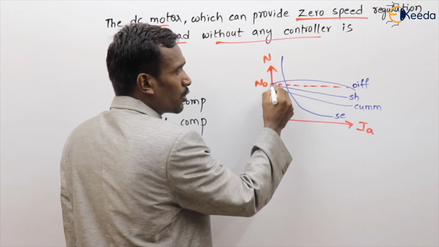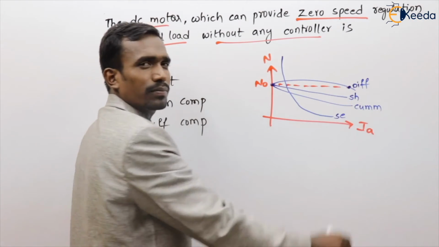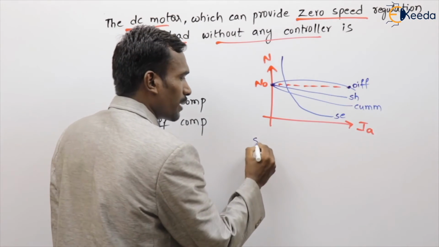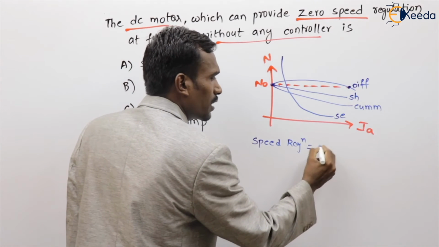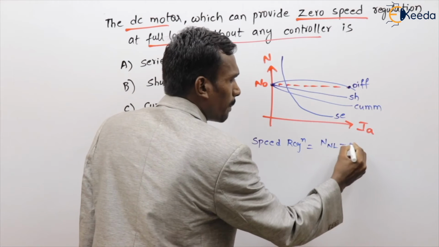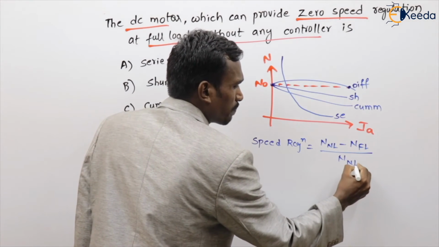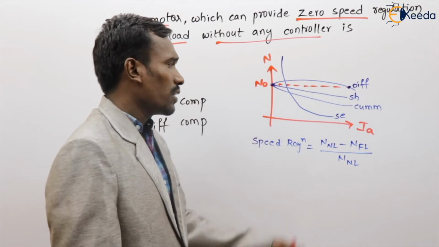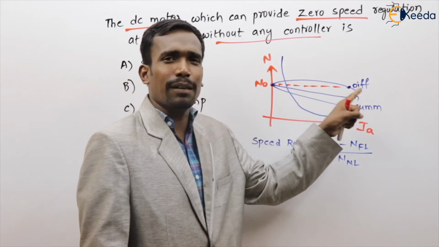See here, at no load speed and at full load speed are the same. Speed regulation is nothing but no load speed minus full load speed, divided by no load speed, right? Here the no load speed and full load speed are both the same.